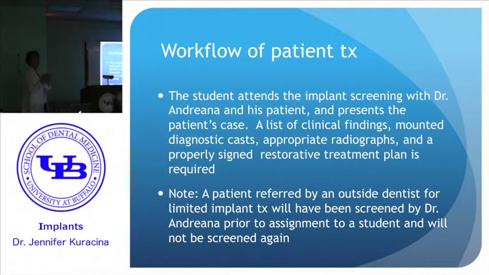So I guess to get back to your original question, we should probably talk to that pre-doc student who made the referral to get things going to see Seb, and then we can hash that out. It's not unique just to the implant program. Many times a patient is referred to a graduate program, endo, perio, whatever.